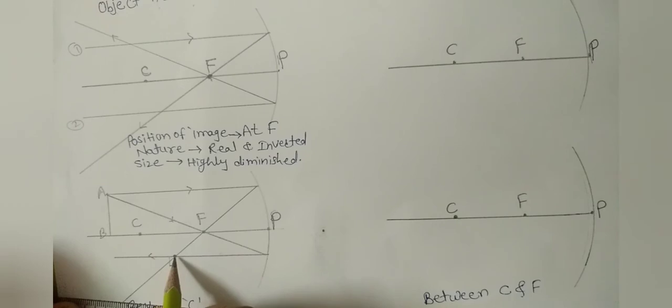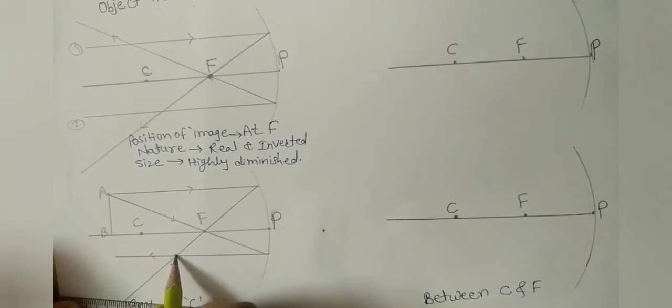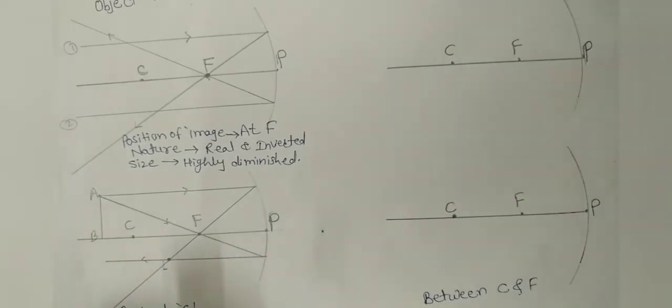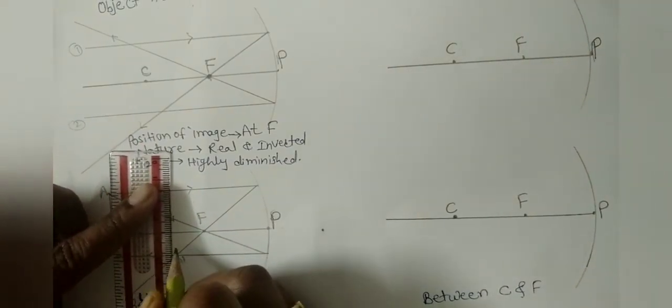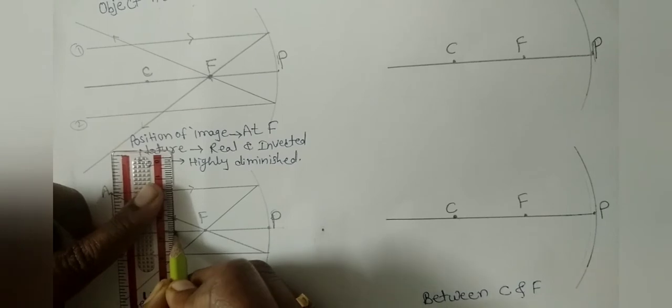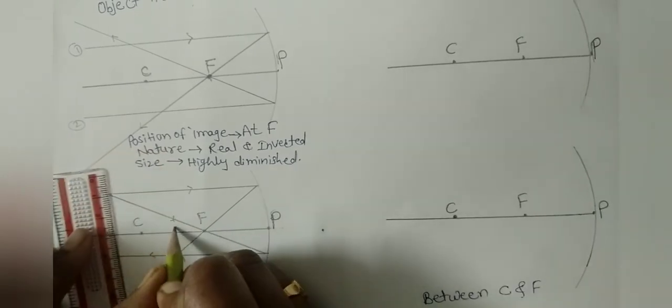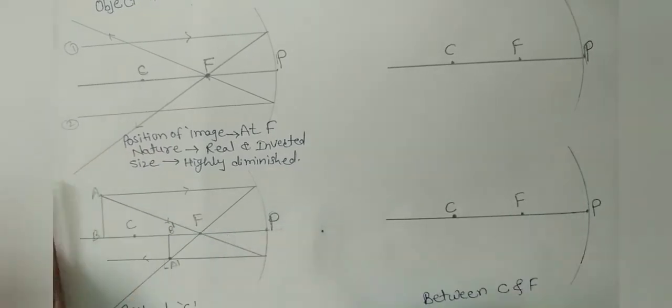So here we can see at this point the two reflected rays intersect with each other, and this is the image of point A. We will term it as A dash, and so this is the image of the object which we obtained, that is A dash B dash.